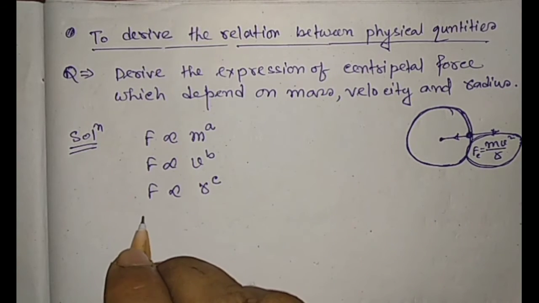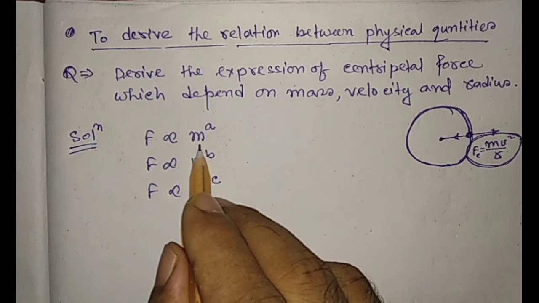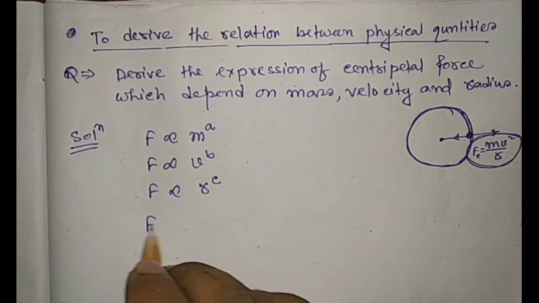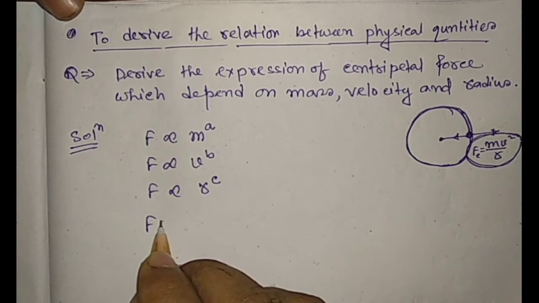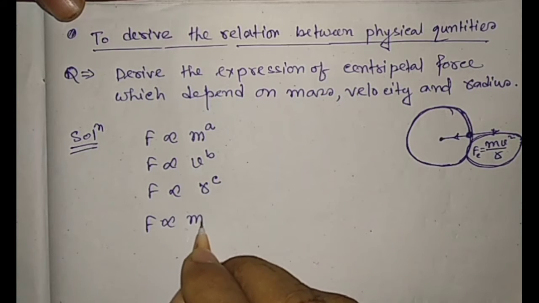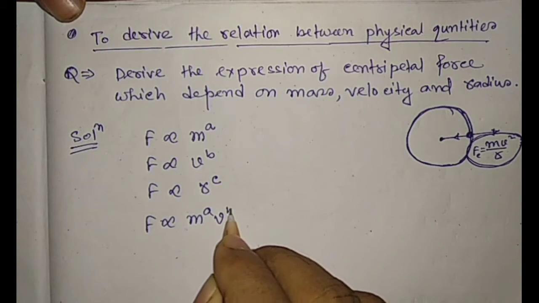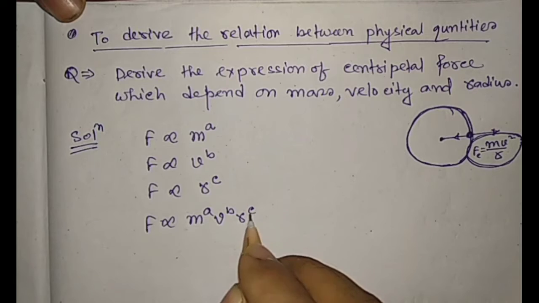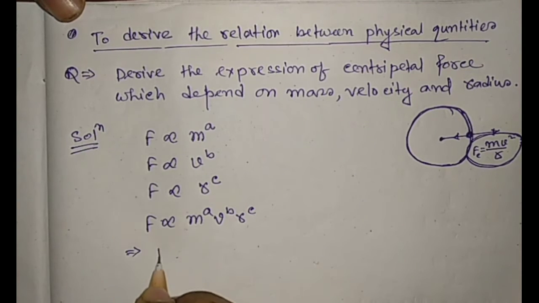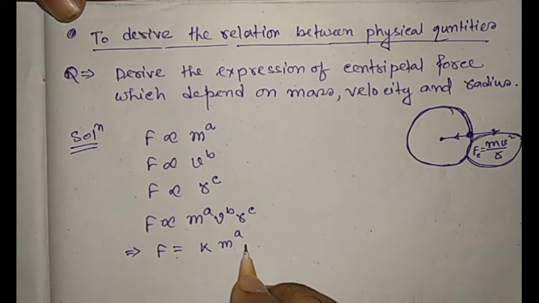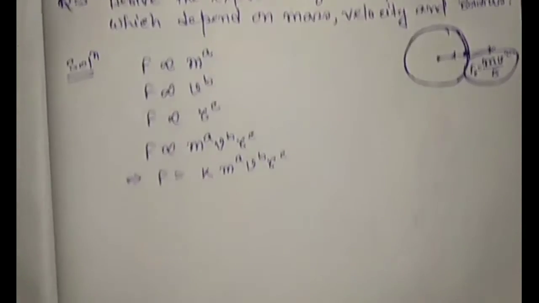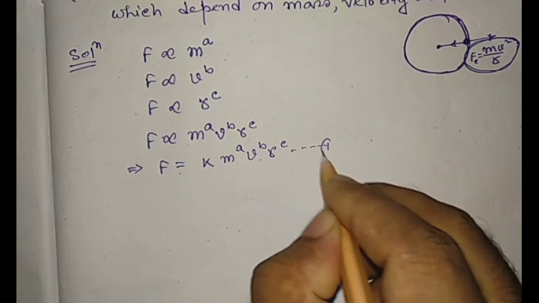Now combining all of those, F is proportional to m to the power a, v to the power b, r to the power c. Now F equals k, m to the power a, v to the power b, r to the power c. This is equation number 1.